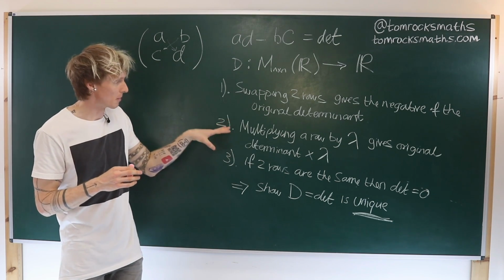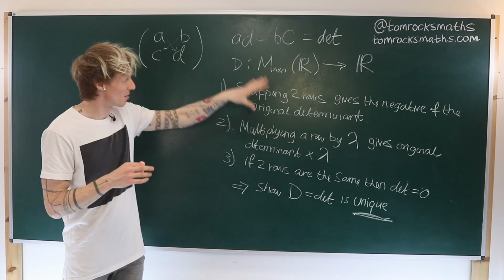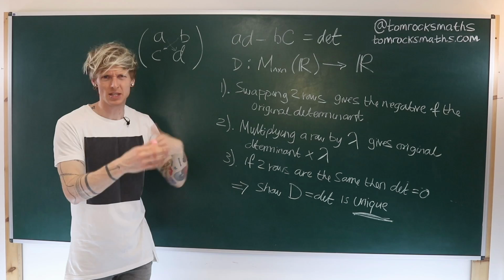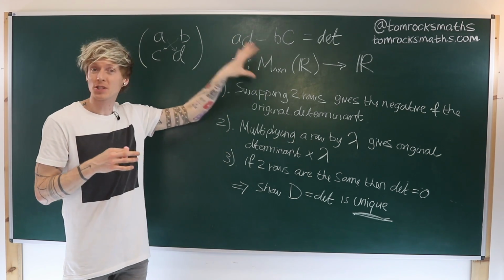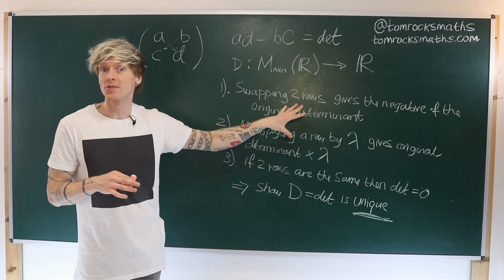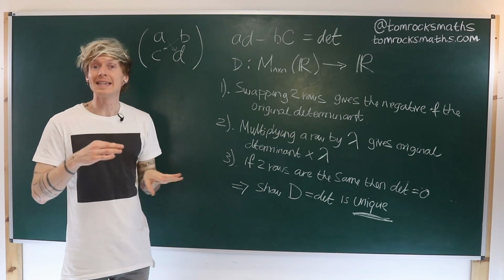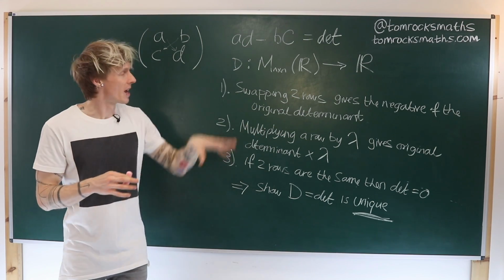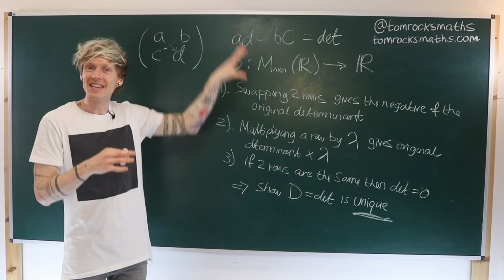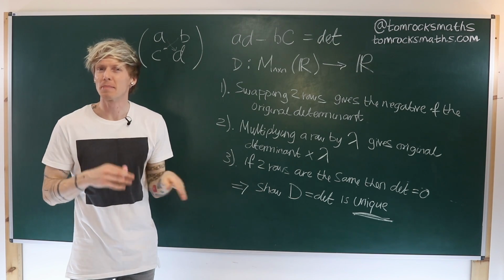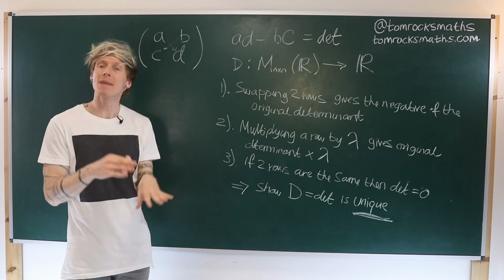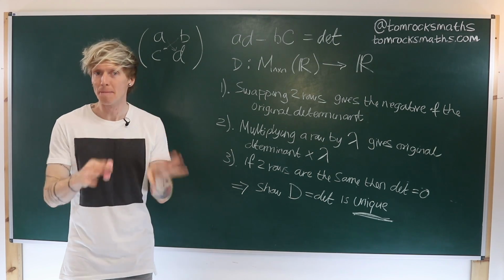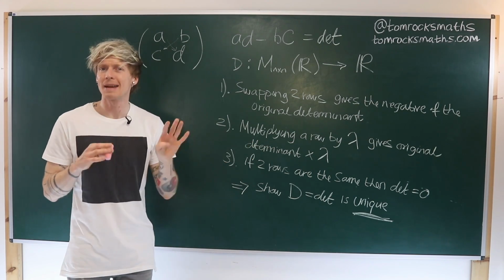We're talking about multiplying rows by scalars, repeated rows, which we saw in the systems of linear equations video, and swapping two rows. So we will see in part 2 of this video exactly why these properties are so important, because we can use EROs to simplify our calculations and make calculating determinants much easier. But more on that in part 2.